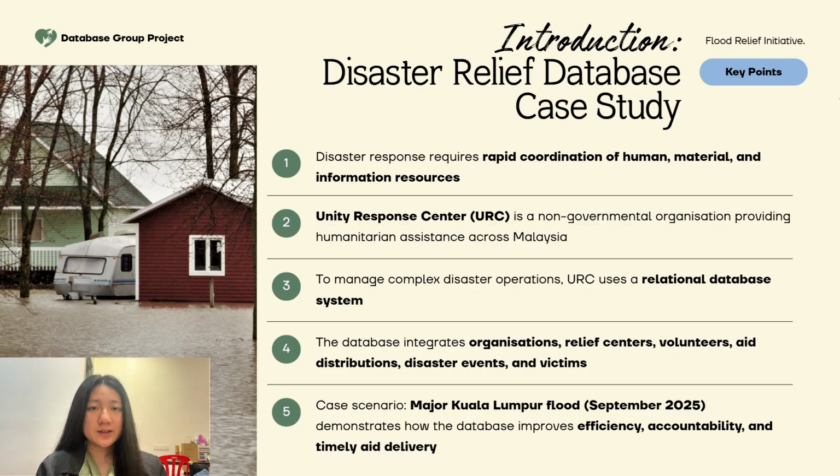This database integrates key entities such as organization, relief centers, volunteers, assignment, aid distribution, disaster events, and victims into a single structured system. So, our major scenario focused on the major Kuala Lumpur flood in September 2025, showing how the database improves efficiency, accountability, and timely aid delivery. Next, my teammate will explain the database structures and key design.